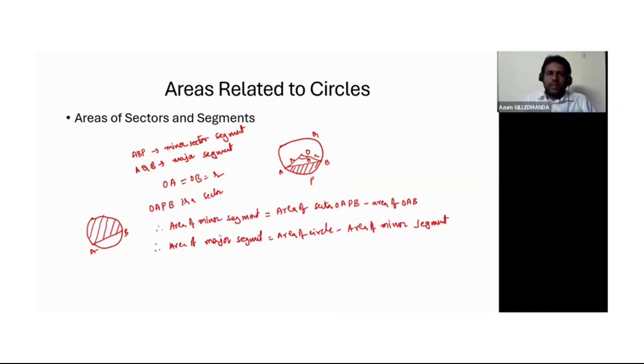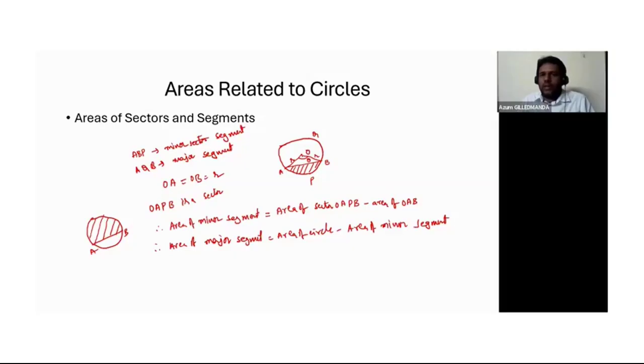So here we are learning what a segment is. A segment is a part of the circle which can be obtained by dividing the circle with a chord AB. If a chord AB divides the circle into two parts, each part is called a segment, and the smaller part is called the minor segment, and the bigger or larger part is called the major segment.